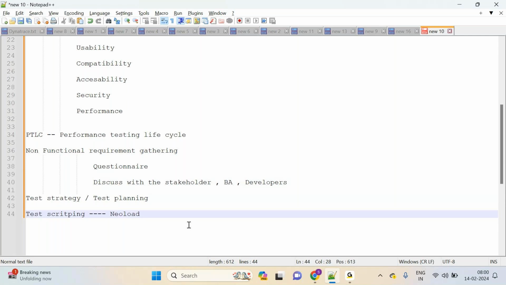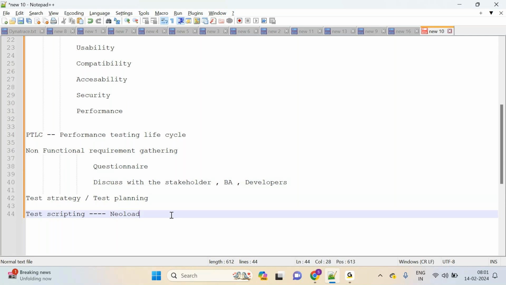So in the scripting phase, what we are doing is preparing the script at single user level and making it available for multi-user executions also. Usually the script preparation we do at the single user level only.